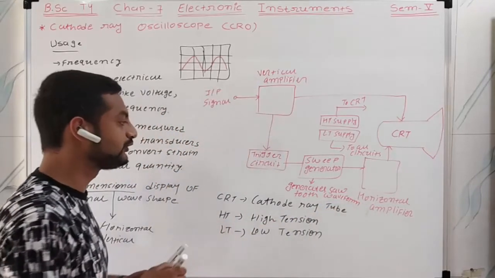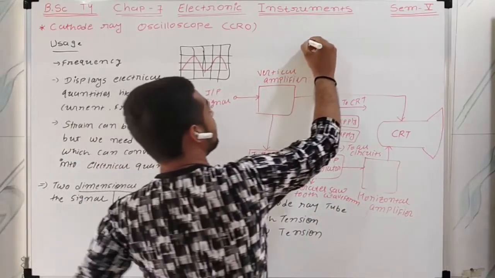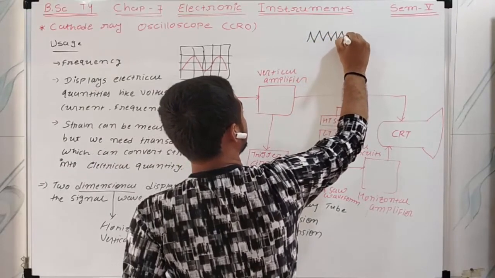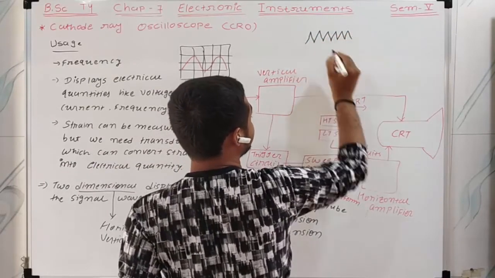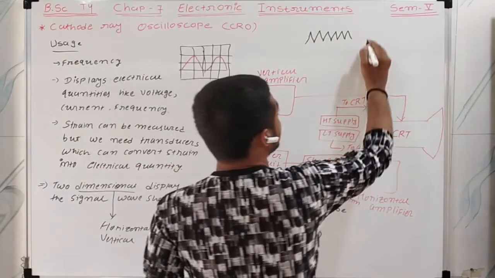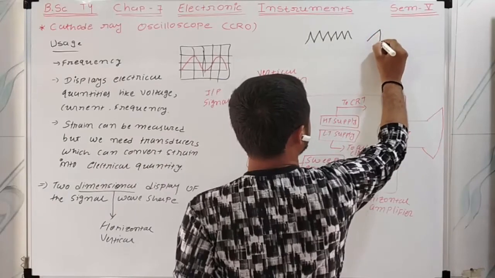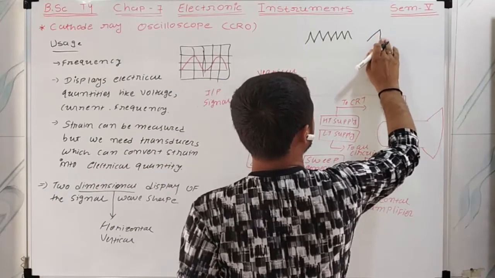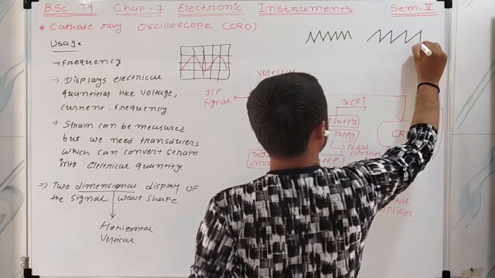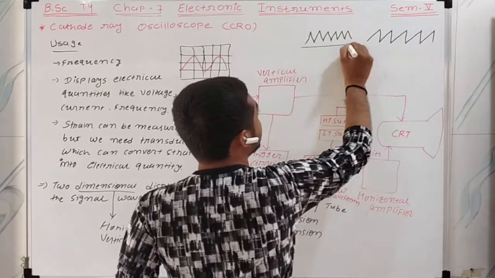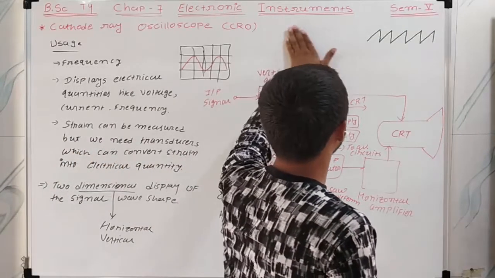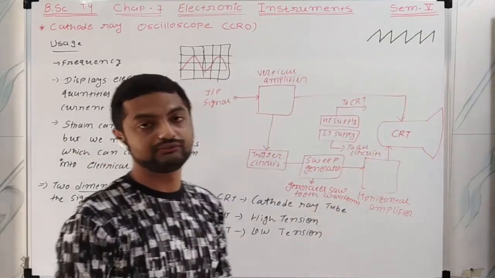Now what are the sawtooth waveforms? The waveforms which look like this, right? These are the sawtooth waveforms, or you can say like this. Generally, these are called sawtooth and these are called triangle waveform. So just remove this one, okay? These are the sawtooth waveforms.